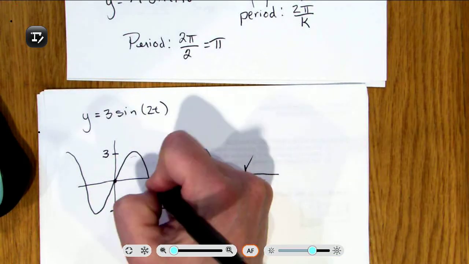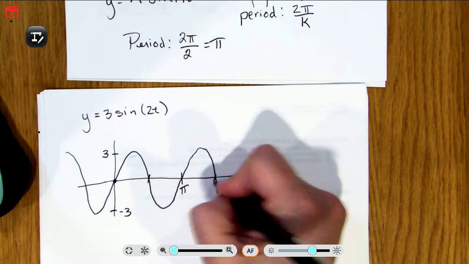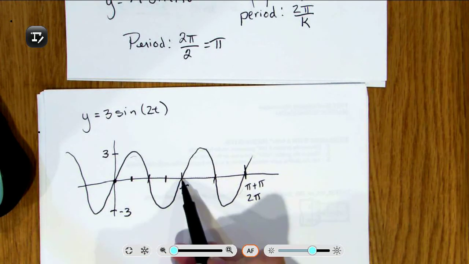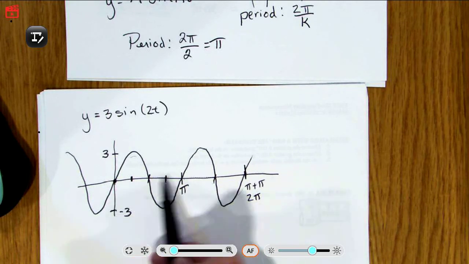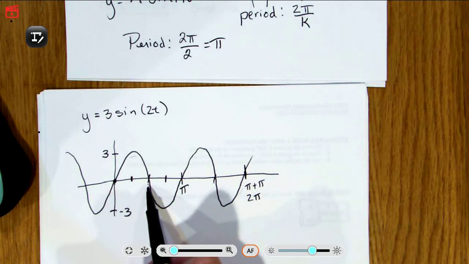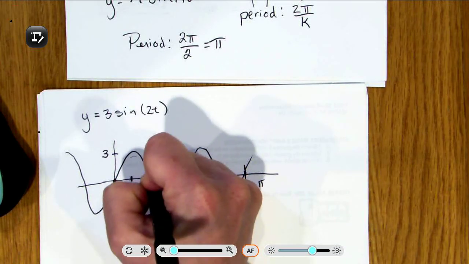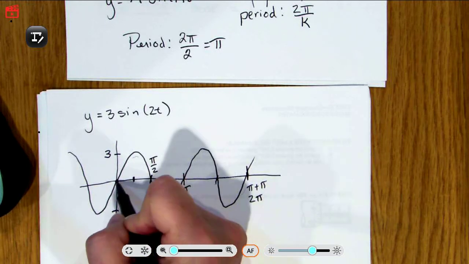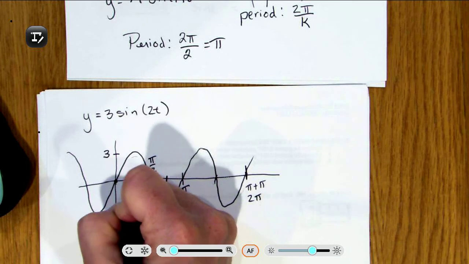I always like to have students include what I think of as the key points: those zeros, and where the highs and lows happen. To do that, thinking of how nice and symmetric this curve is, we went through one complete cycle in pi, so this is going to happen halfway there. Half of 0 to pi is pi over 2, simply pi divided by 2. To get this point, halfway between 0 and pi over 2, we get pi over 4.